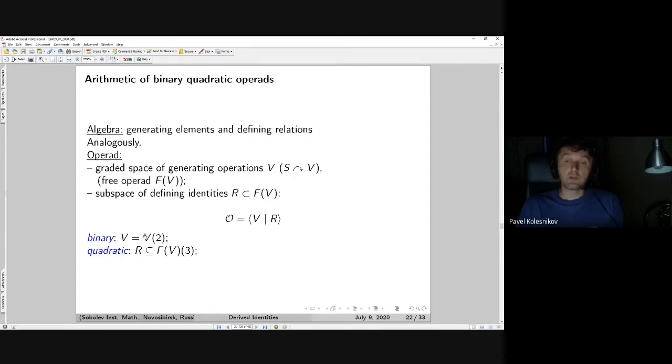So we are considering this V2 as a space of, say, two operations, x1x2 and x2x1. In this case, all algebras like associative, alternative, Lie, Poisson, Novikov, and Gelfand-Dorfman algebras are all quadratic. The defining relations are of degree 3.